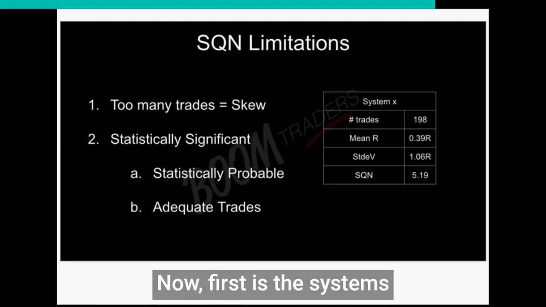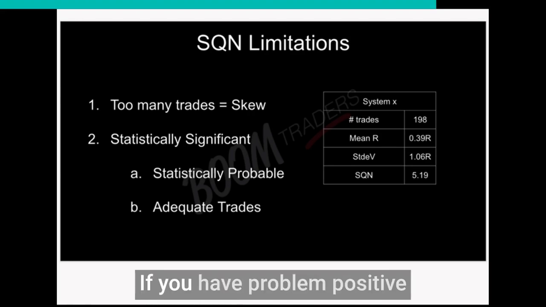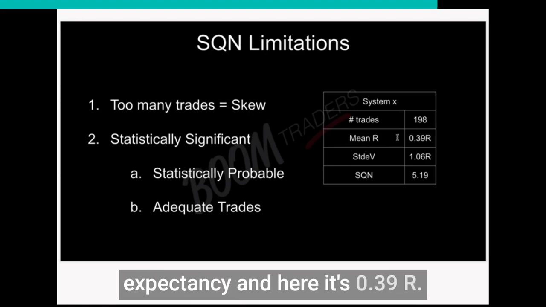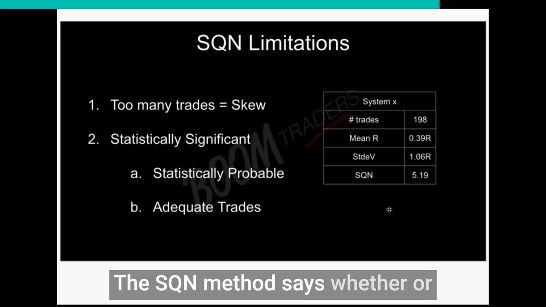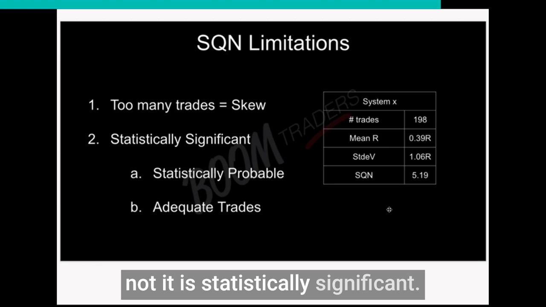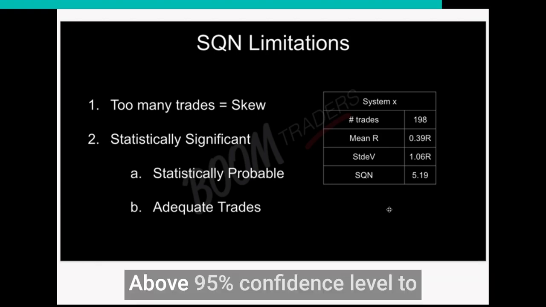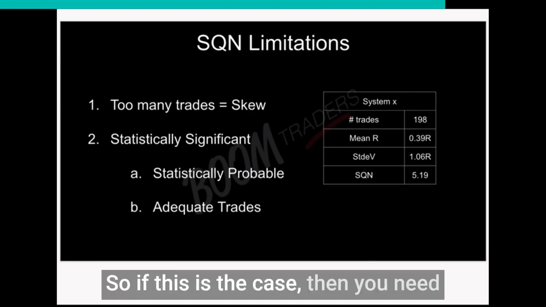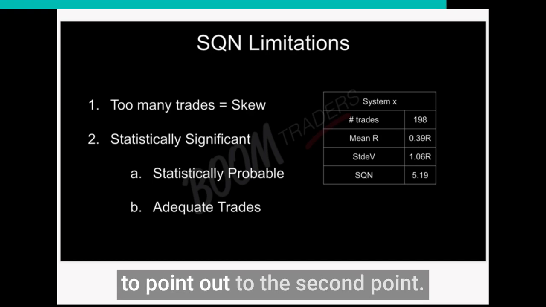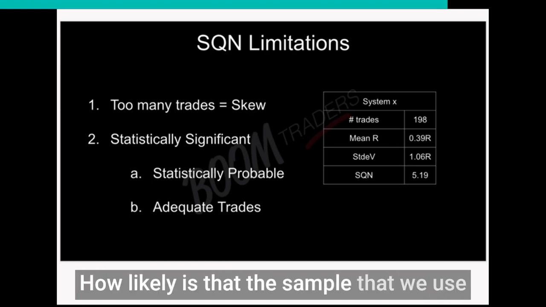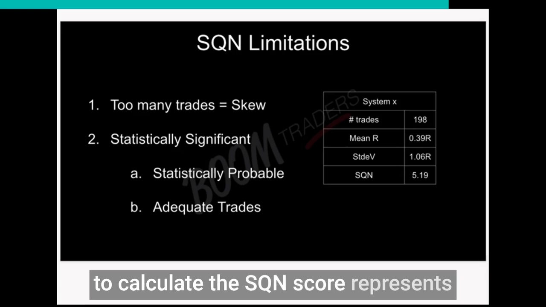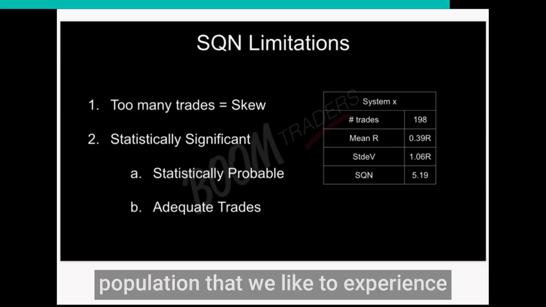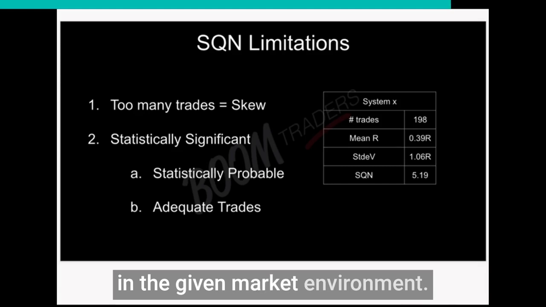Now, first, is the system statistically probable, i.e., if you have positive expectancy, and here it's 0.39R, the SQN method says whether or not it is statistically significant, i.e., with above 95% confidence level, to reject negative or zero return. So, if this is the case, then you need to point out to the second point. How likely is it that the sample that we use to calculate the SQN score represents the true population, or at least the true population that we'd like to experience in the given market environment?